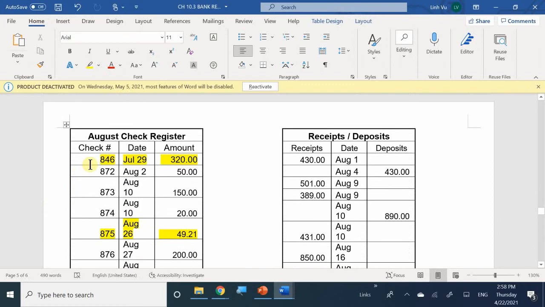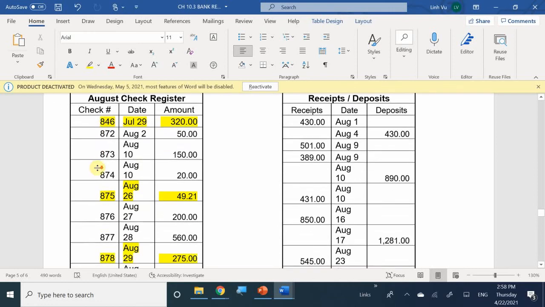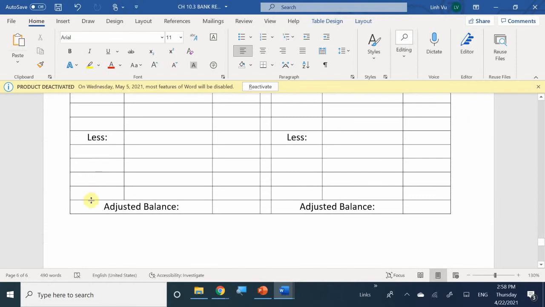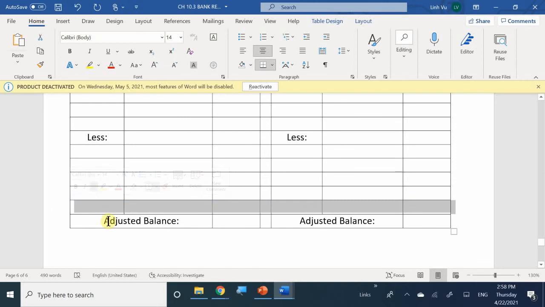So that means I have to list every single one. Let me go through each one. I got check number 846 for $320. Here I'm going to add another line. So 1, 2, 3, 4, there you go, 5. First one is check number 846 for 320.